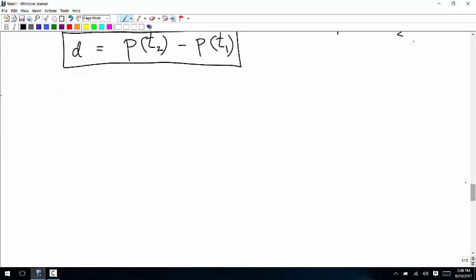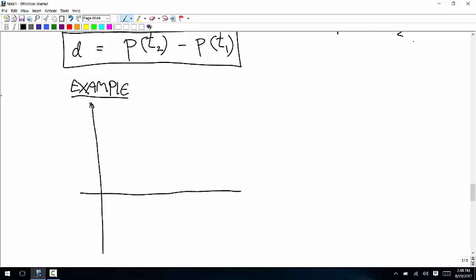So let's do an example. Let's say this is the position versus time graph of the object we're tracking.